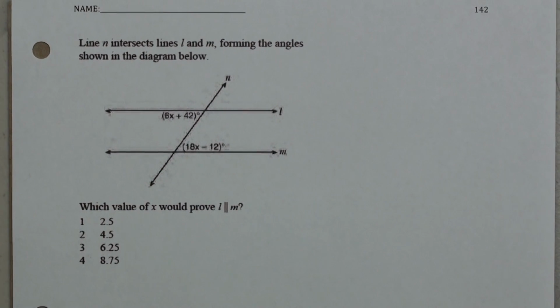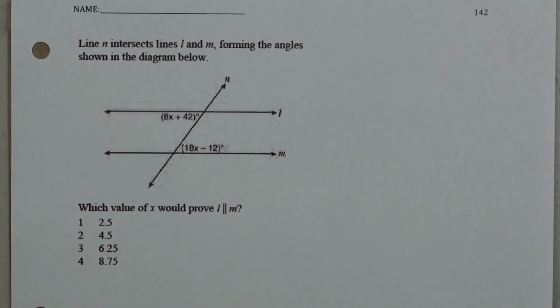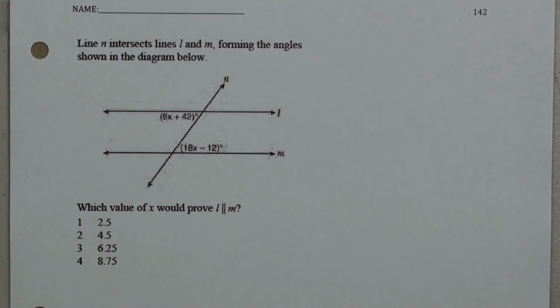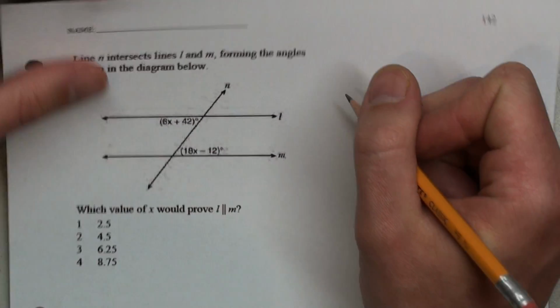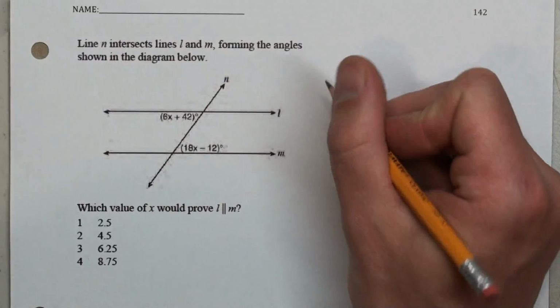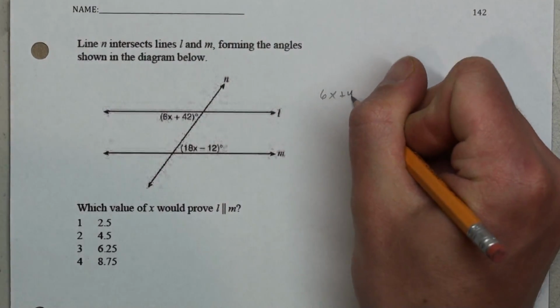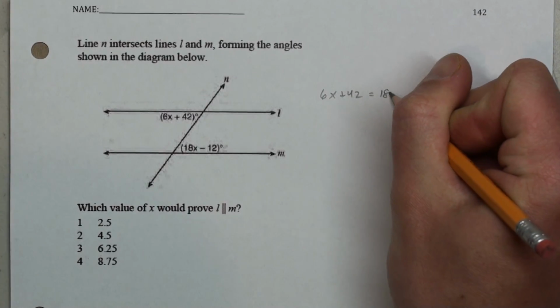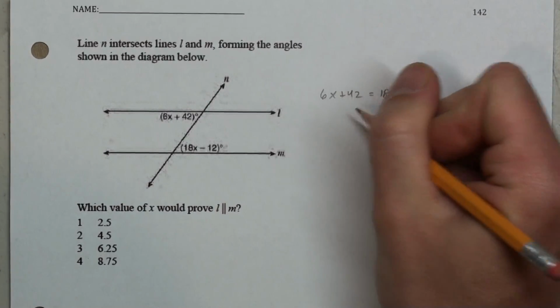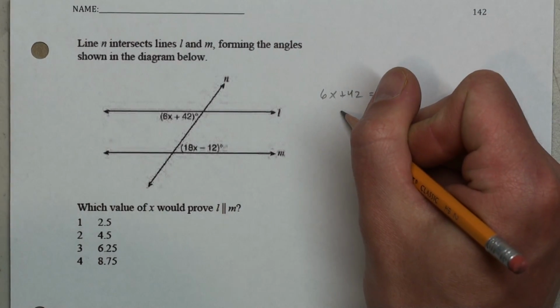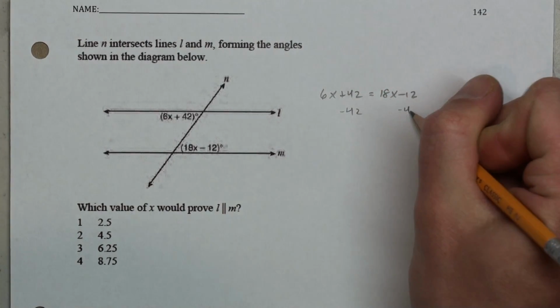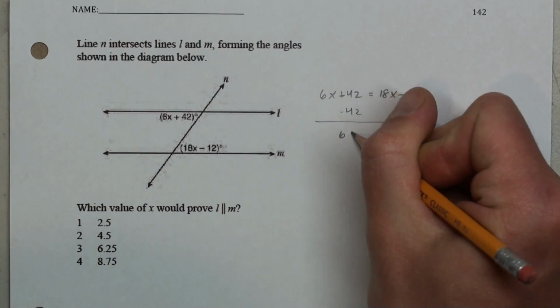Line N intersects lines L and M, forming the angle shown in the diagram below. Which value of x would prove that they're parallel? I think that's a 6x. 6x plus 42 equals 18x minus 12. Obviously, when the alternate interior angles are equal is when they would be parallel, so that's what I'm solving for.